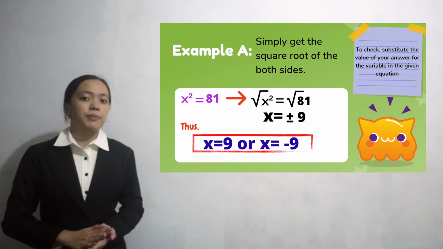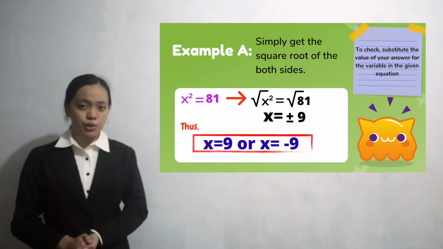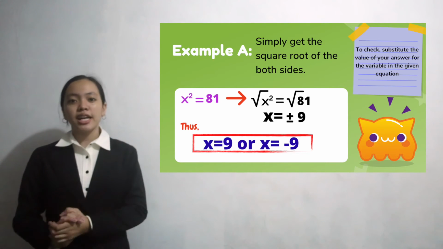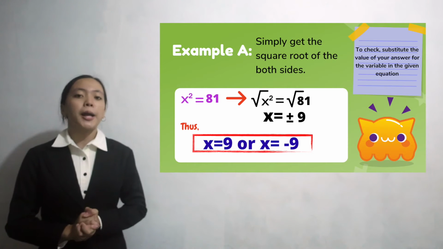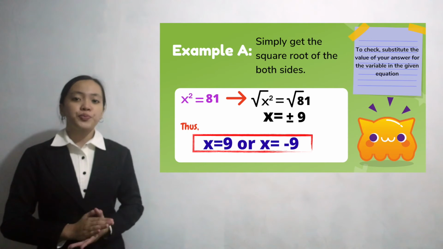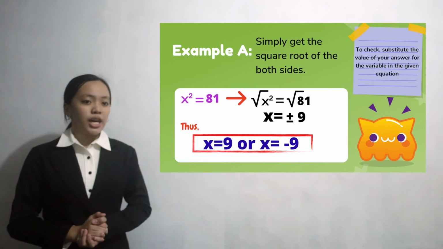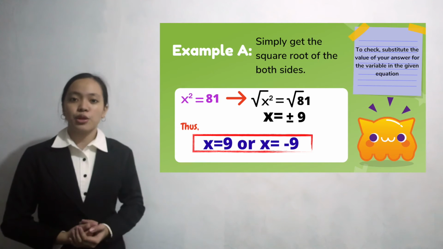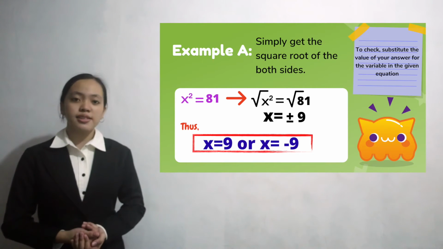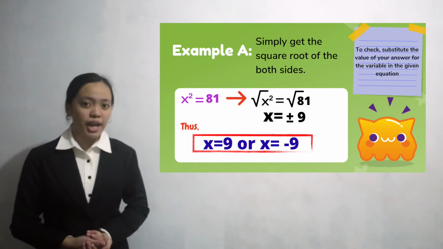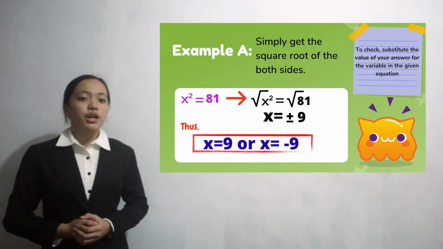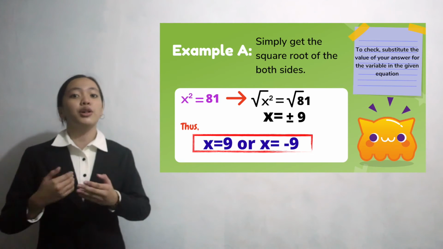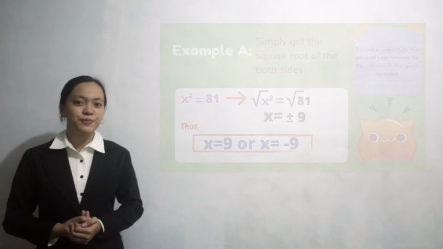When you multiply positive by positive, the result is positive, and when you multiply negative by negative, the result is also positive. Thus, the roots of the equation x squared equals 81 are x equals 9 or x equals negative 9. To check your answers, just substitute the value of your answer for the variable in the equation.